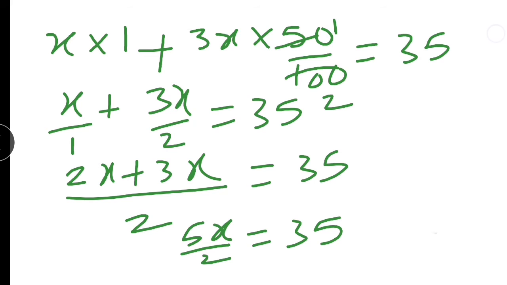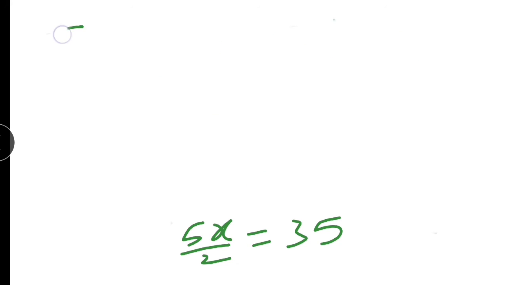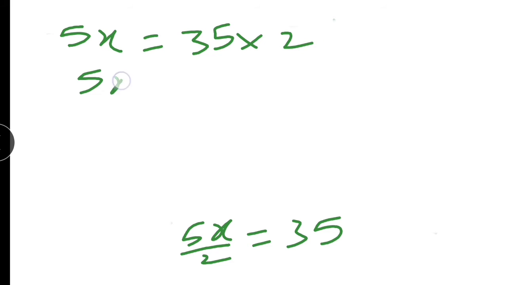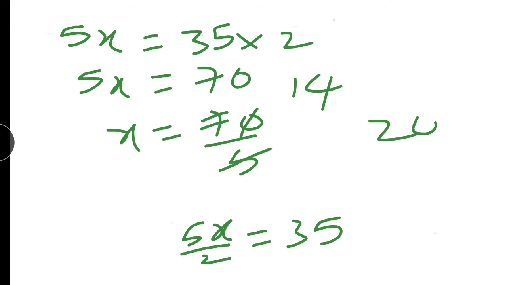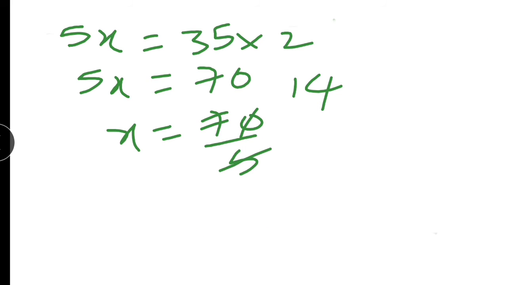Let's find out the x value. Here 5x equals to 35 into 2. So 5x equals to 70. x equals to 70 by 5. 5 ones are 5, 2 remainder, next digit 0, 5 fours are 20. So x equals to 14.